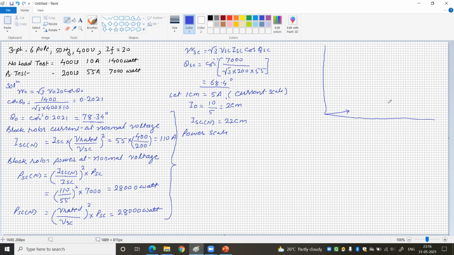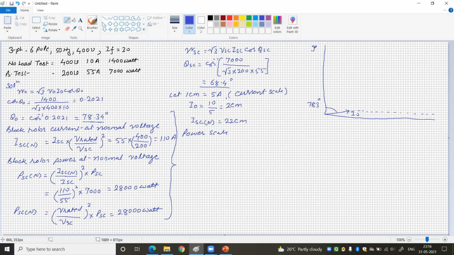No doubt we have to take it extended, and this angle with respect to the x-axis is 78.3 degree. So this is the no load current. Now from the tip of the no load current, draw a parallel line with the x-axis.